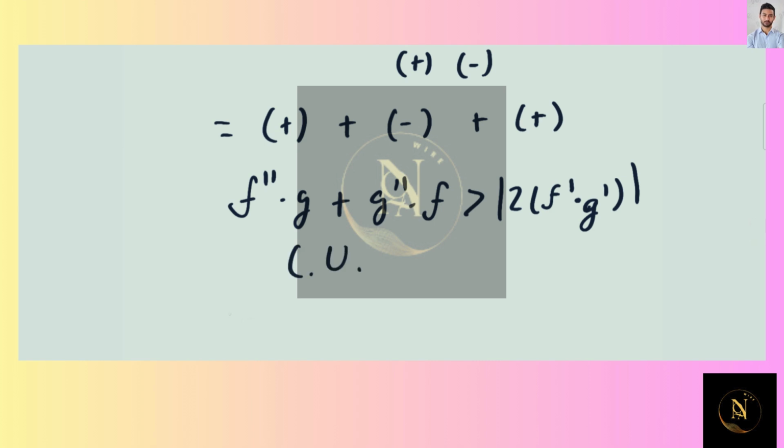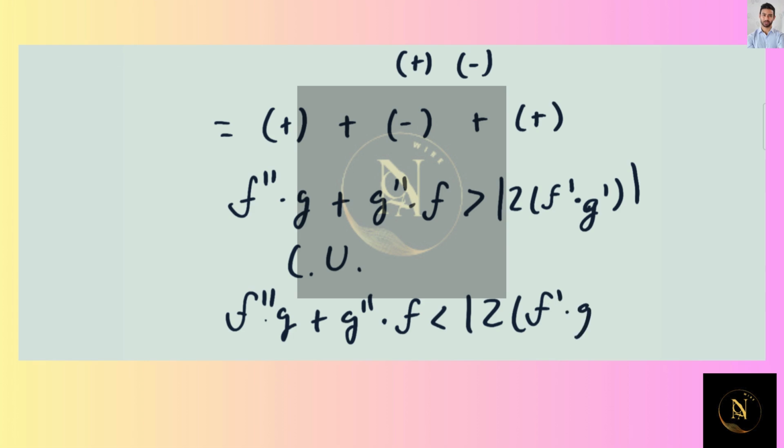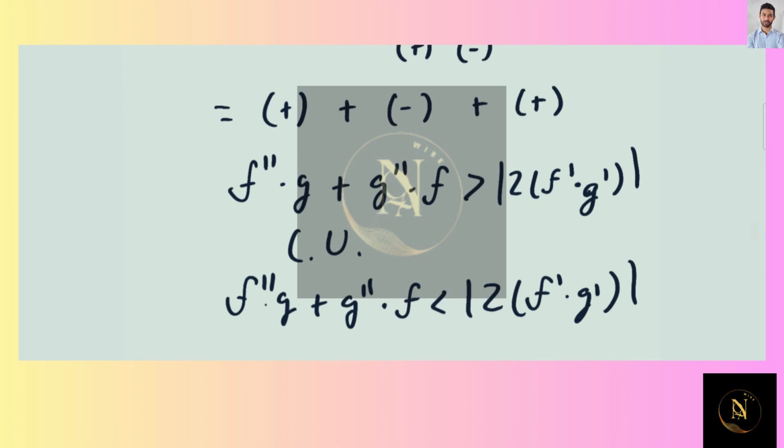And if we wanted concave down, then we would need f double prime times g plus g double prime times f to be less than the absolute value of 2 times f prime times g prime. And the reason I'm using absolute value is because we want just the positive value of this to be less than or greater than f double prime times g plus g double prime times f.